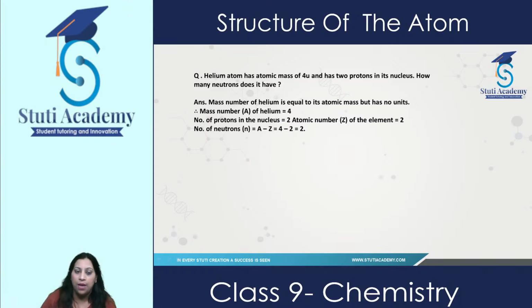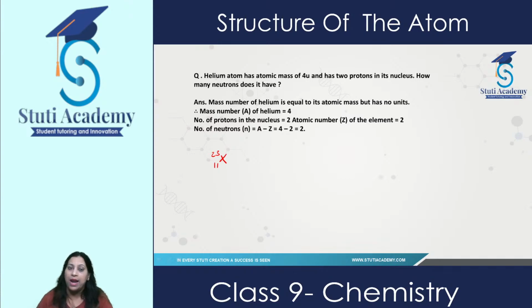Sometime in exam this can be written. Suppose an element is represented by this symbol. What information you will get from this formula? You need to write all the details which you will get from this formula.